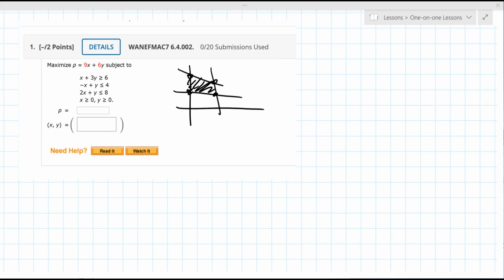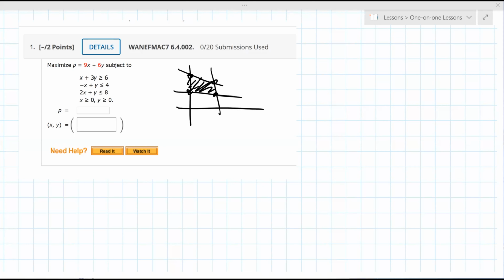Let's do this one and grab the graph of it. So we've got x plus 3y less than or equal to 6, minus x plus y greater than or equal to 4, 2x plus y greater than or equal to 8, and then x less than or equal to 0, y less than or equal to 0. Okay, let me grab all these edges.